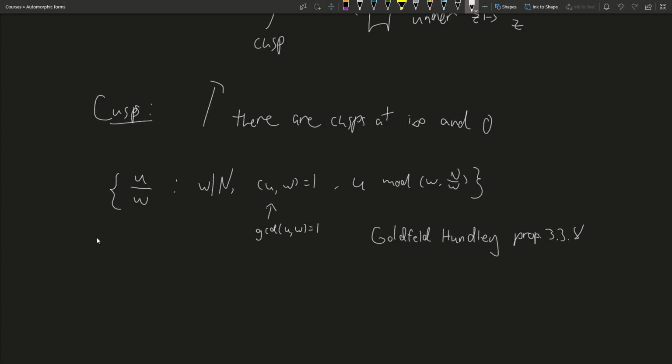So, for example, if n is prime, then w divides n implies w is equal to 1 or n.